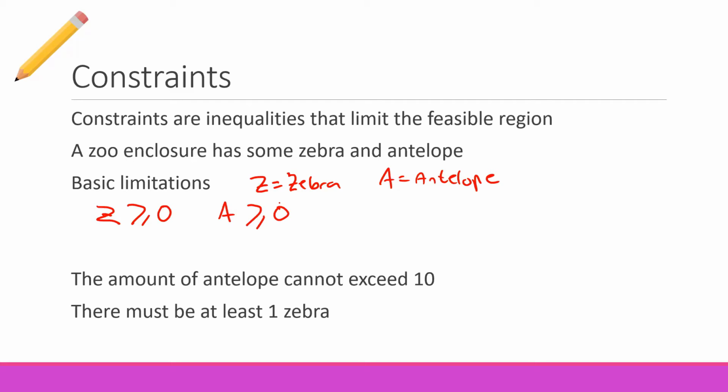Underneath that, we've got some extra constraints. It says the amount of antelope cannot exceed 10. What might that look like? Can I get a suggestion in chat or out loud? What might that inequality look like? The amount of antelope can't exceed 10.